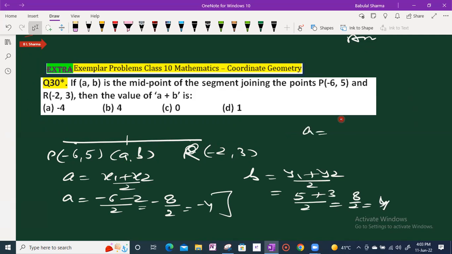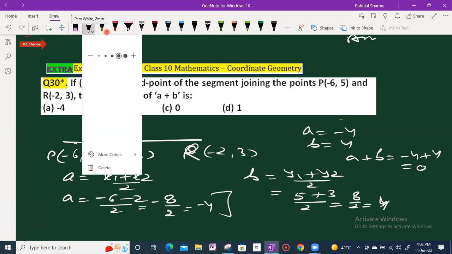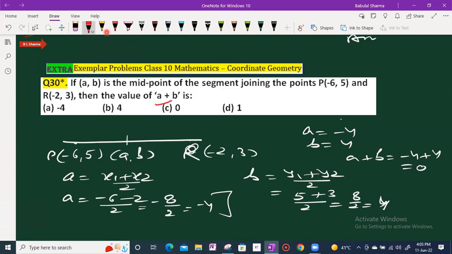So a is equal to minus 4, b is equal to plus 4, a plus b is minus 4 plus 4, that is 0. So the correct answer is C, because we need the value of a plus b. So answer of this question is C, that is 0.